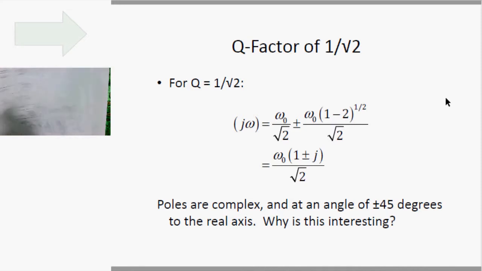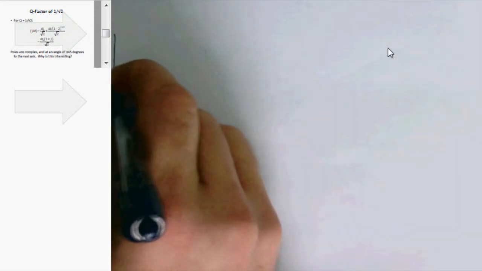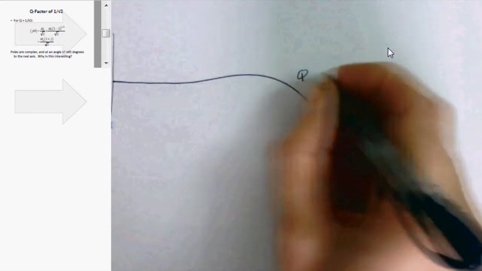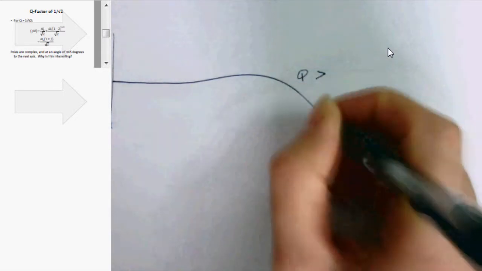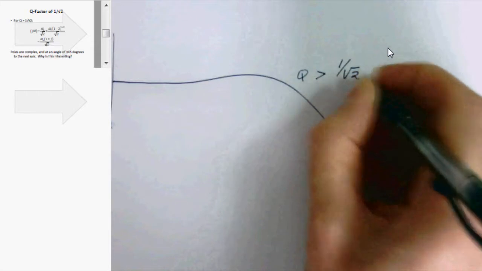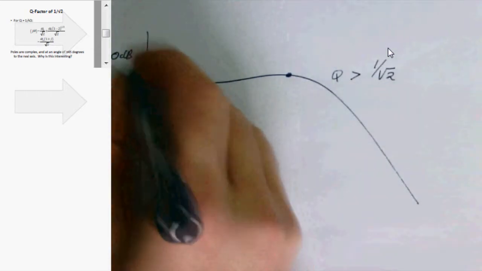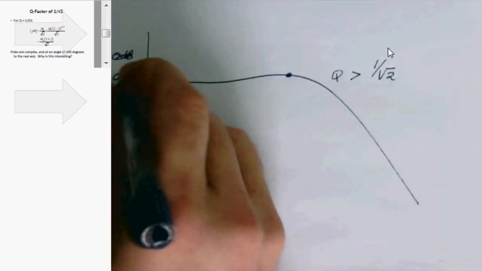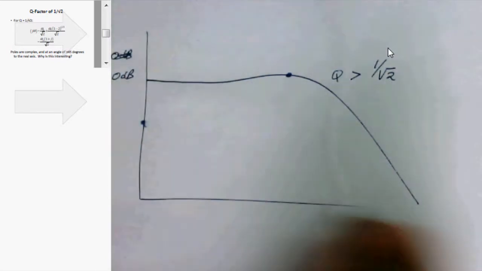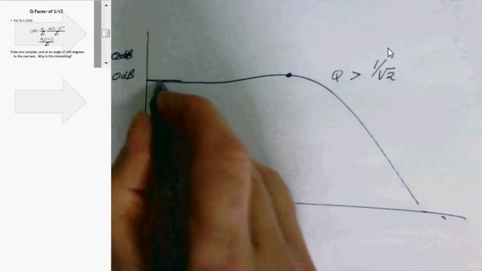But for values of q which are greater than 1 over root 2, there will be a maximum at some finite frequency in the amplitude response.